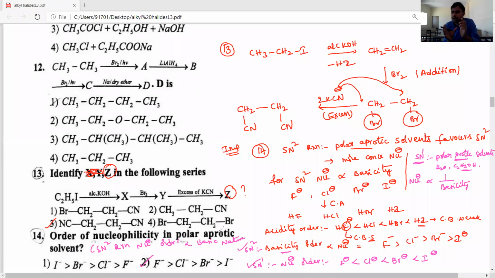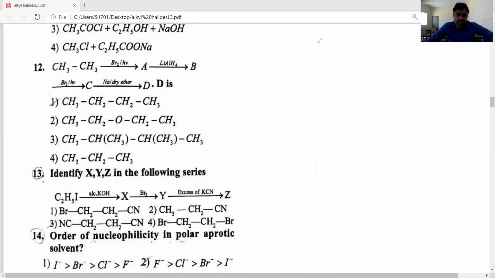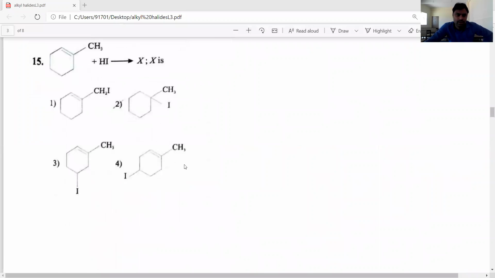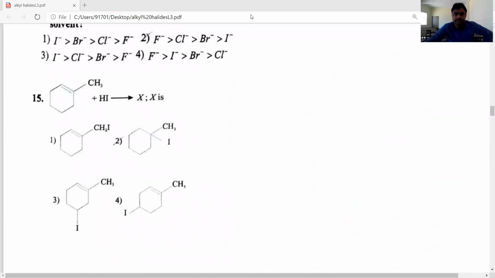If you keep these two important conditions in your mind, then this kind of question becomes very easy to solve. Sometimes they will mention it directly, asking for the correct nucleophilicity order of SN1 and SN2 reaction. In that case it's very easy. Sometimes they will give it like this, and then we have to identify whether the nucleophilicity order belongs to SN1 or SN2. That is very, very important. Okay, let's go for the next question. 15th question.